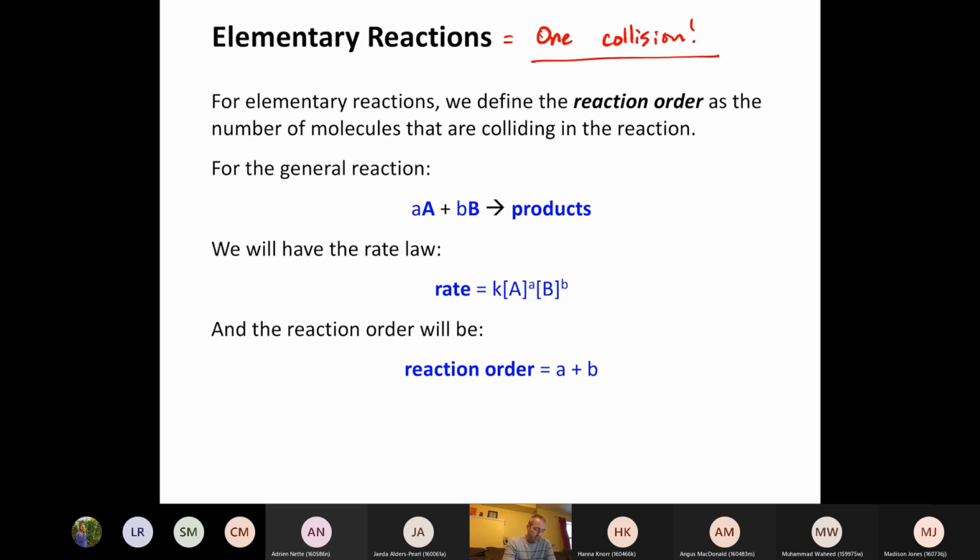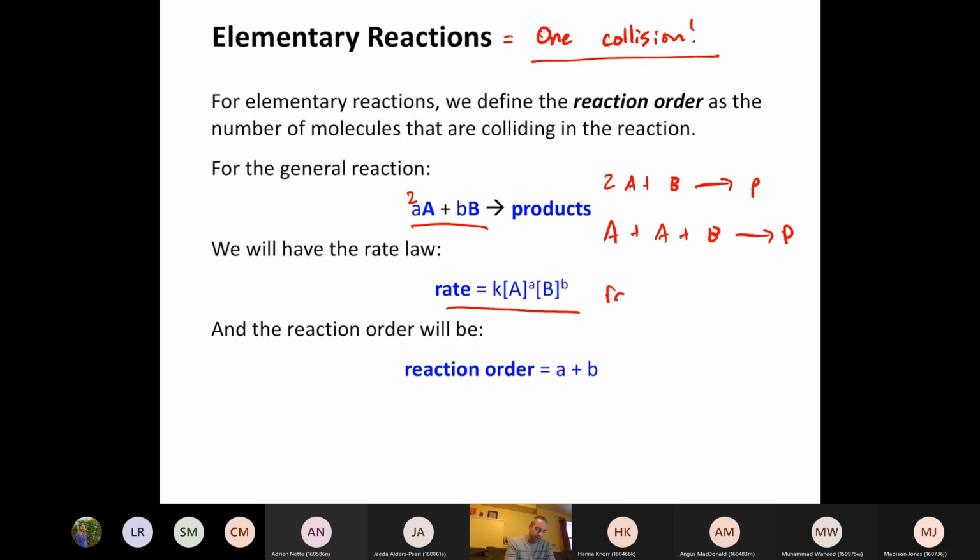So let's say we have a reaction where we have A plus B going to products. We will have the rate law for the elementary reaction, K times A times B. If there's a 2A, so 2A plus B to products, that would be the same as A plus A plus B to products.